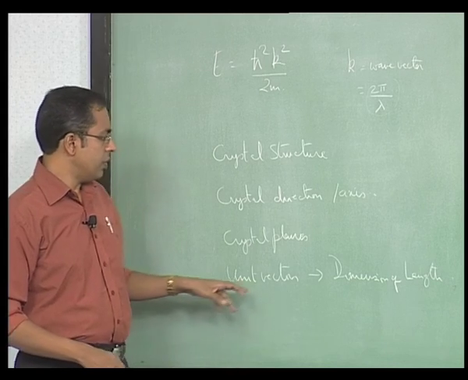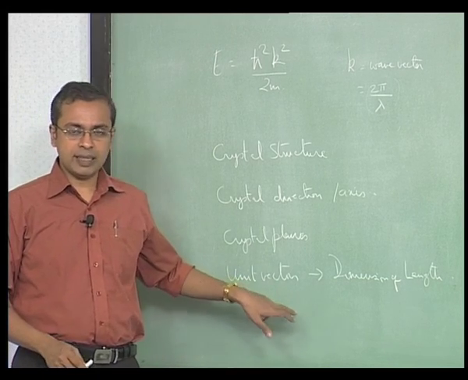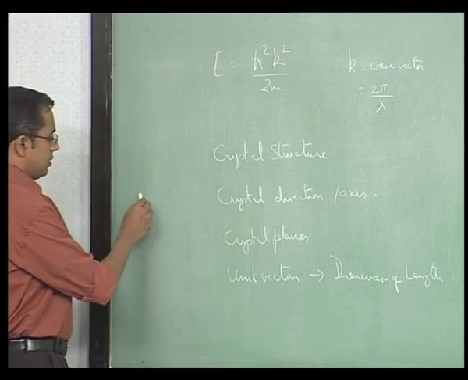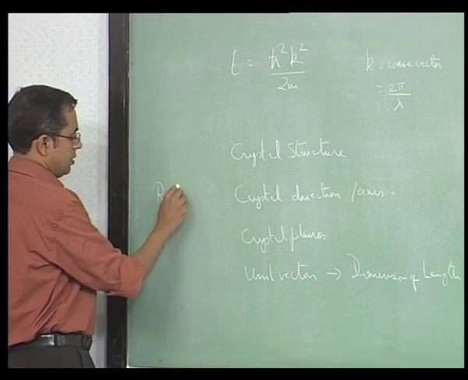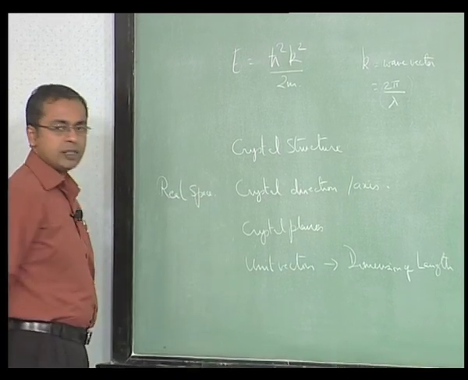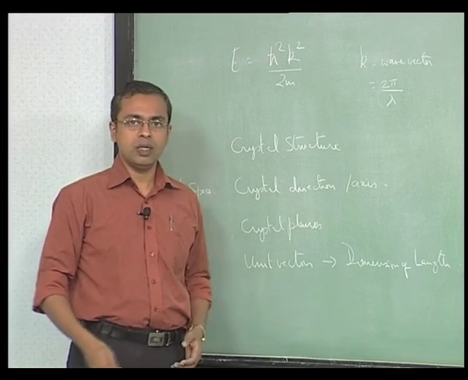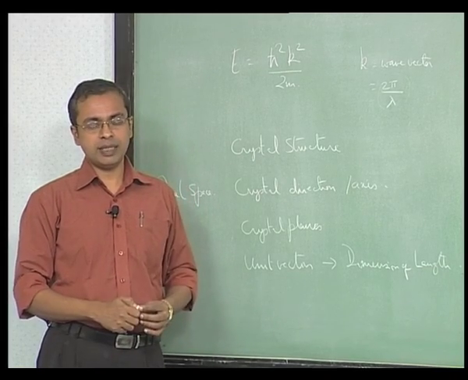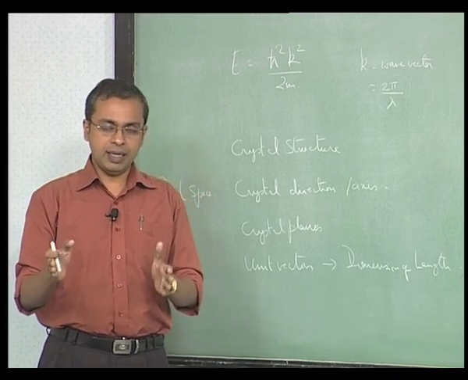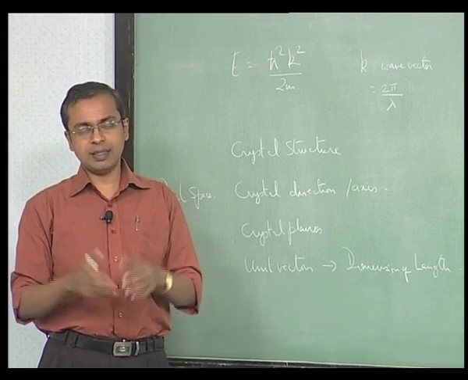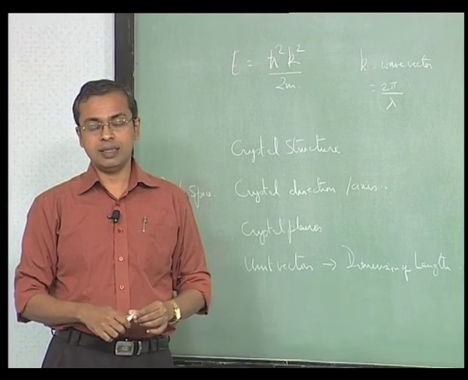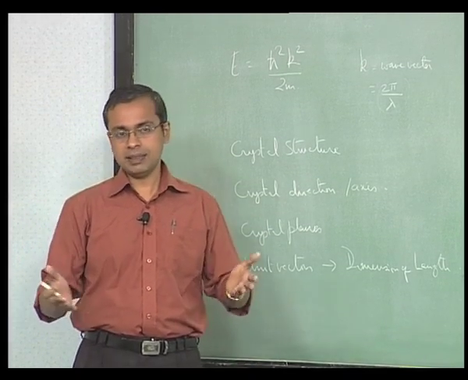Okay, so when you normally put such information together, we would call this real space. Real space is what we are conventionally used to, where we write an x, y, z coordinate system, and within that framework we define dimensions, unit vectors, directions, the planes and spacing between planes and so on.